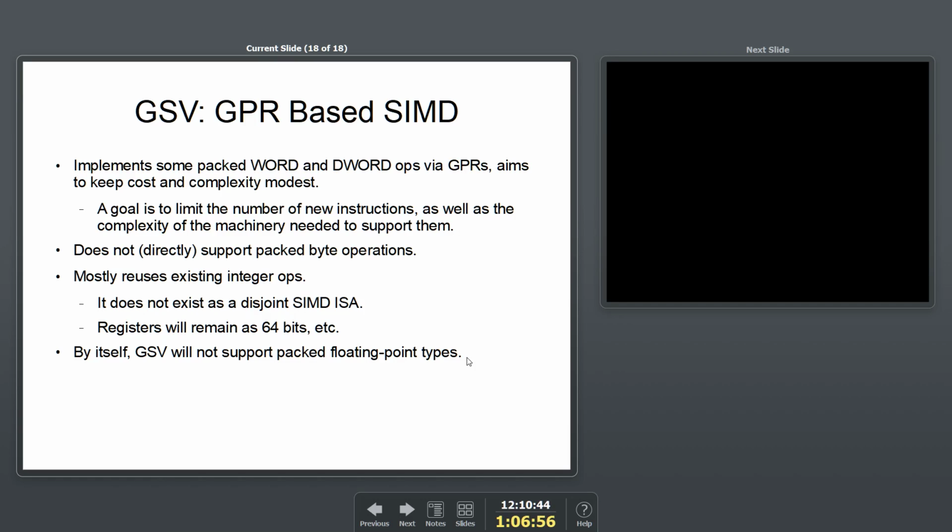Since you're dealing with GPRs, and there's some overlap between what you can do with the GSV operations and the GFP operations and so on, it allows effectively just pretending like you had packed floating point types, though without some of the implied performance advantages or anything like that.